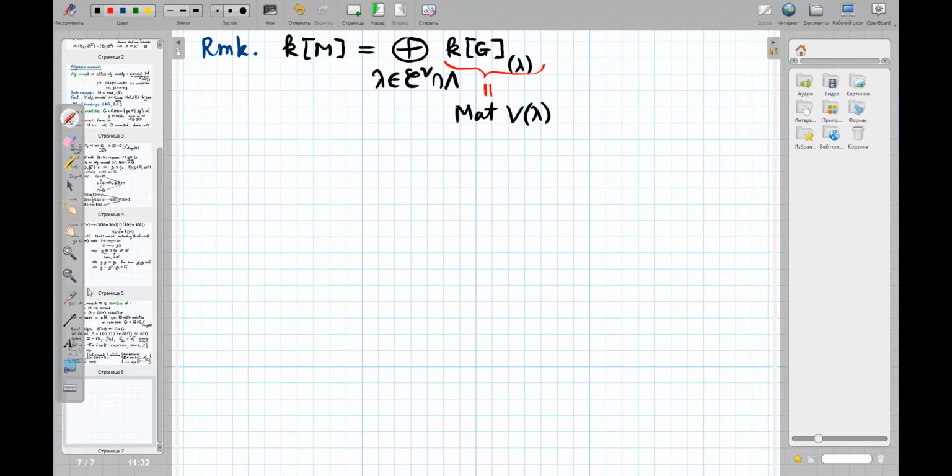Not all of them, but those corresponding to irreducible representations of G whose highest weights belong to this dual cone. Only this.